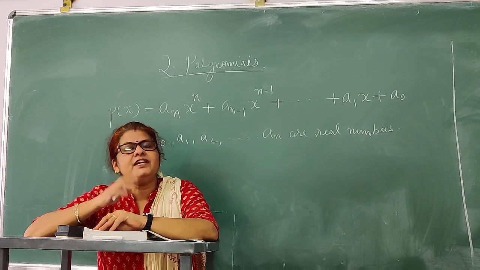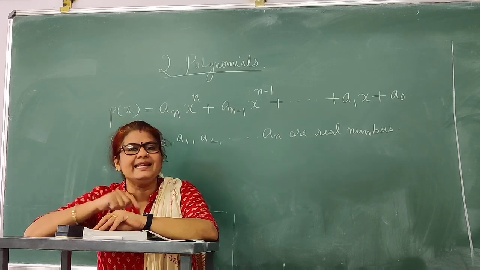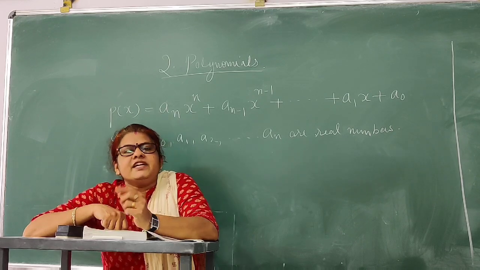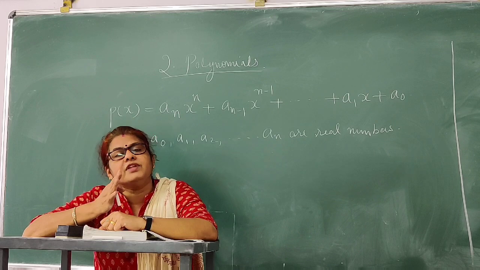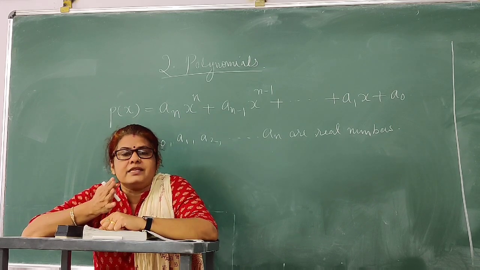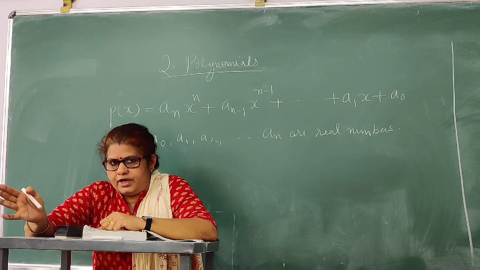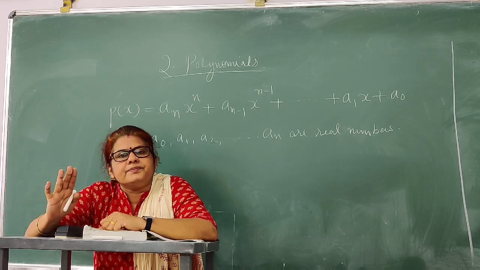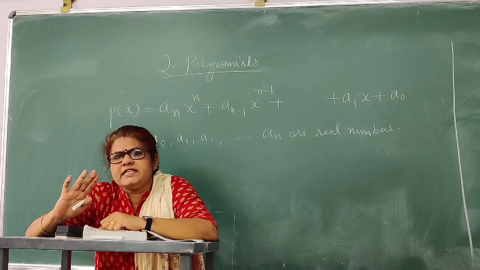If the degree of the polynomial is 1, we call that polynomial a linear polynomial. And if the degree is 2, we call it a quadratic polynomial. And if the degree is 3, it is called a cubic polynomial. And so on.